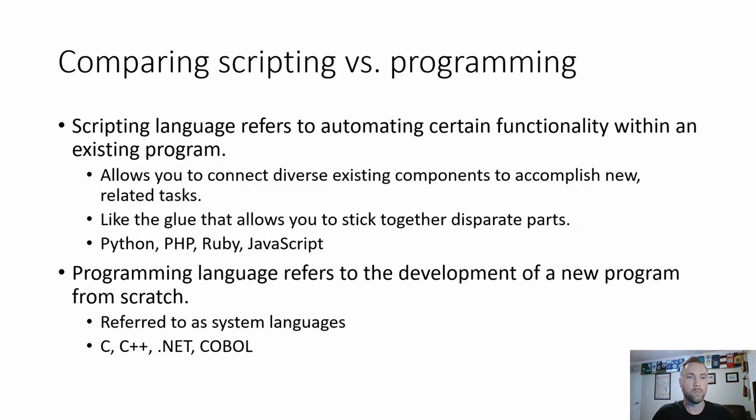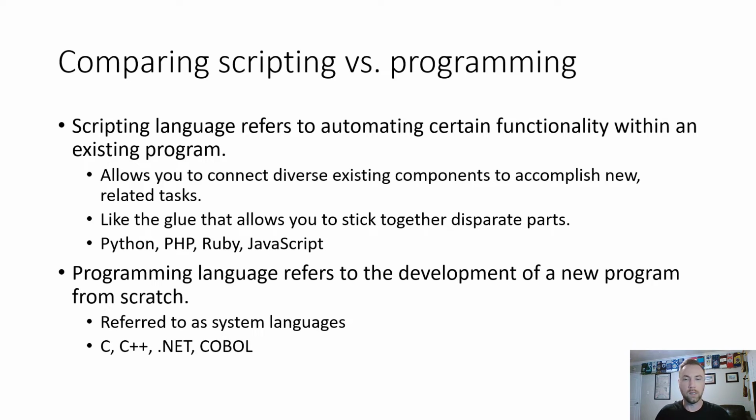Those allow you to connect diverse existing components to accomplish new and related tasks. You can think of scripting languages as glue that allows you to stick together disparate or separate parts. That will make more sense when I talk about libraries. A few examples of scripting languages that are common and popular today are Python, obviously, PHP, Ruby, and JavaScript, which is very popular for web-based scripting.